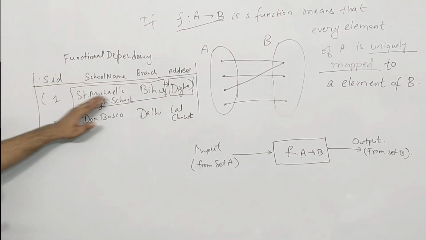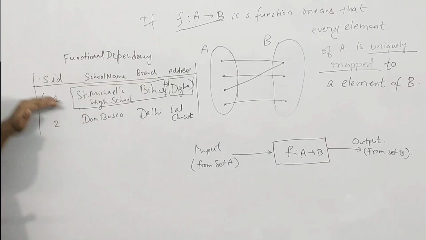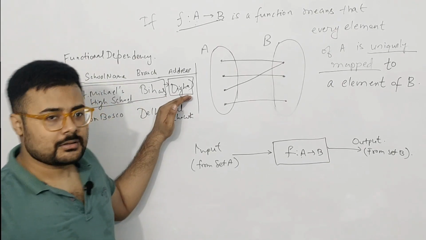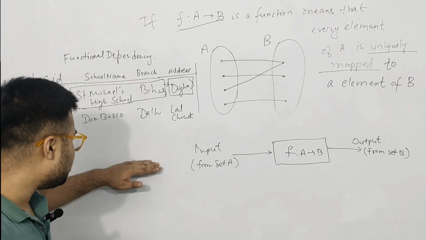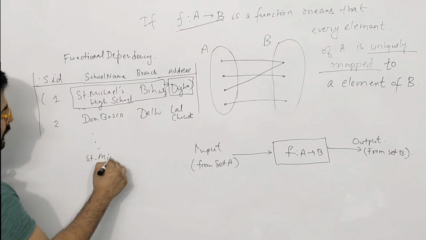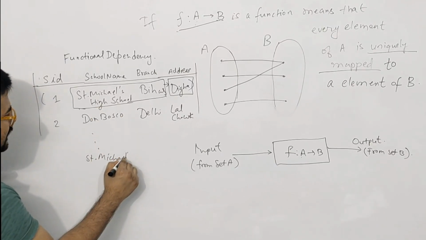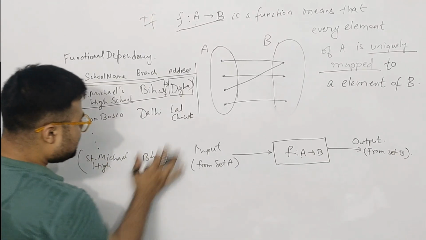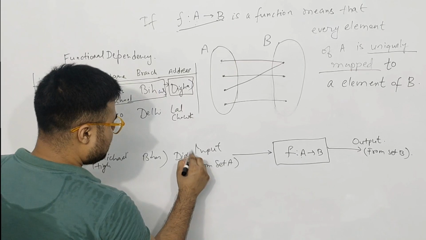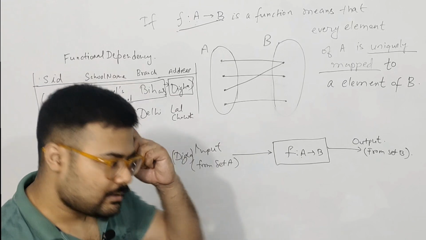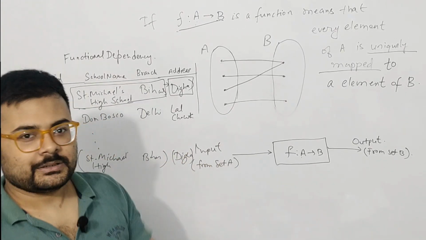So if this record happens to come again, if St. Michael's High School of Bihar in Digha appears in more than one row, or after some time also, if your school name is St. Michael's High School and branch is Bihar, then the address will be Digha. This is what the database designer has to specify while creating the table, so that the right information is entered every time.